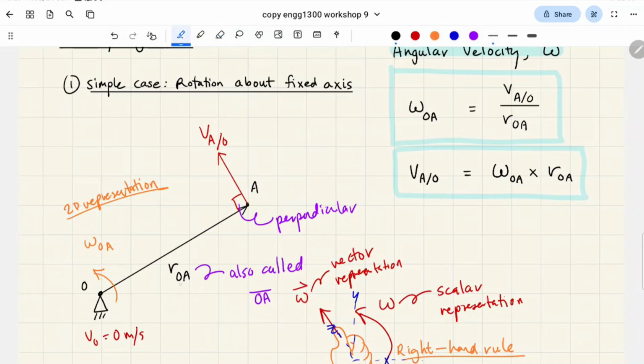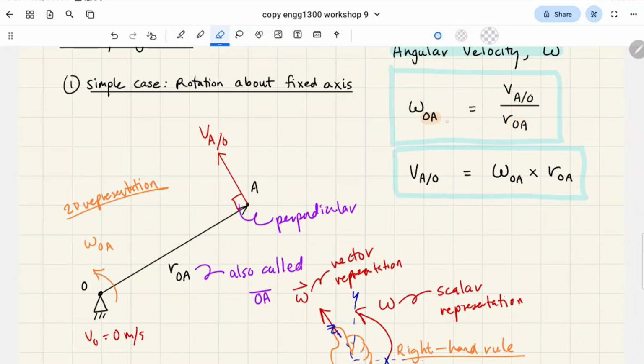And same with ROA, it's a vector there. But this one, the order's switched around pretty much, right? So the velocity of A relative to O, right? So that's reflected in our formula. You might see that it's OA, but this one's A/O. So the velocity of A relative to O, right?